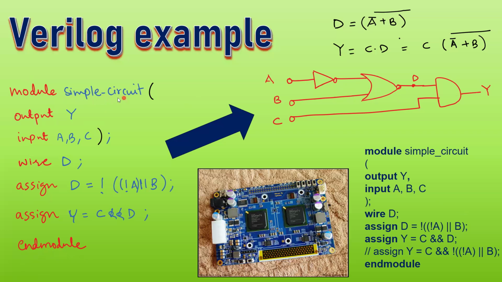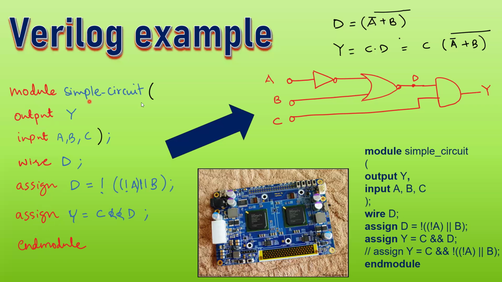Now note the colors I have used here. I have used module, endmodule, input and output ports, wires, and the assign statements in a particular color, red, to distinguish and tell viewers like you that these are my Verilog constructs or keywords.